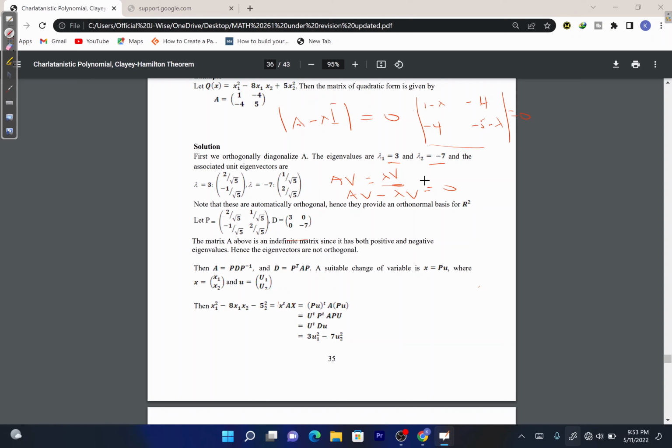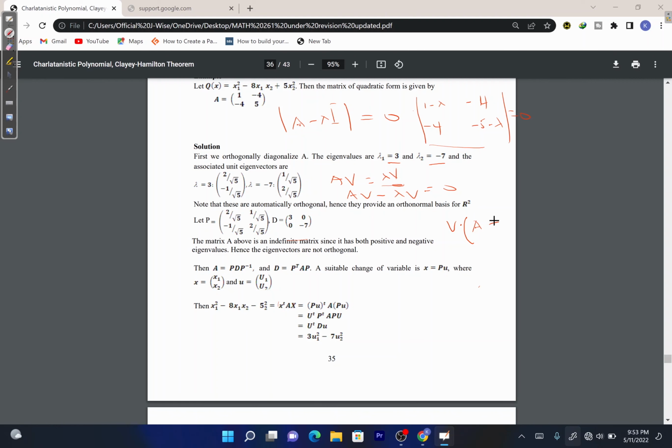We can factorize v out, and we get A minus lambda multiplied by v. But remember, A is a matrix and lambda is a scalar, so we can't just subtract the scalar from a matrix.